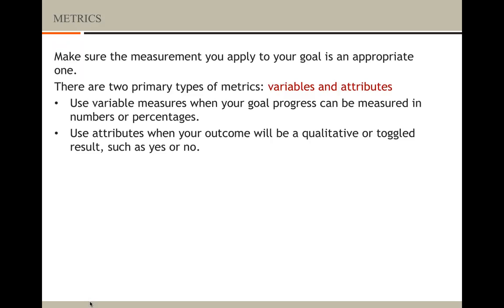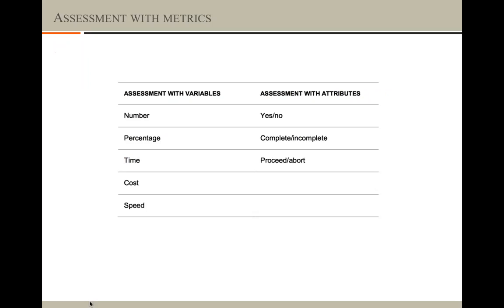An attribute is a qualitative thing. There is no clear value that you can identify with the goal. For example, if your team has undergone a training, then it's a clear yes or no answer. So you cannot associate it with a variable. Some of the goals are associated with a variable metric and some with an attribute metric.